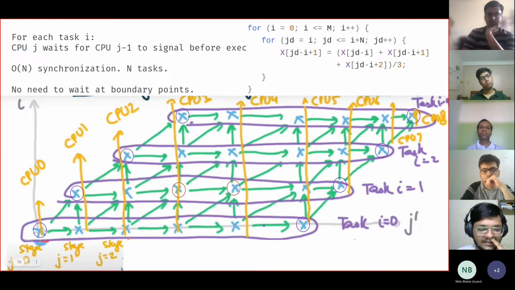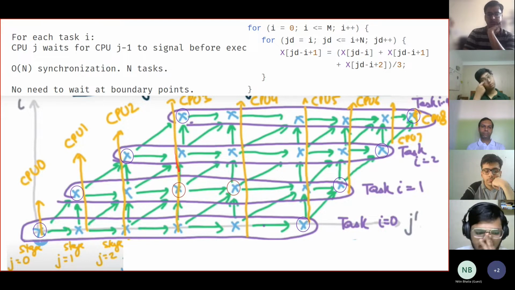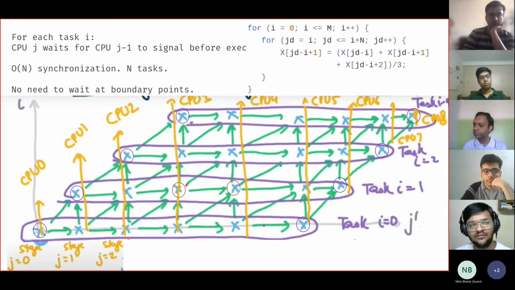What will happen here is, consider a particular task i, and let's say this particular yellow line is the stage J. For each task i, CPU J will wait for CPU J minus one to signal before executing its iteration.